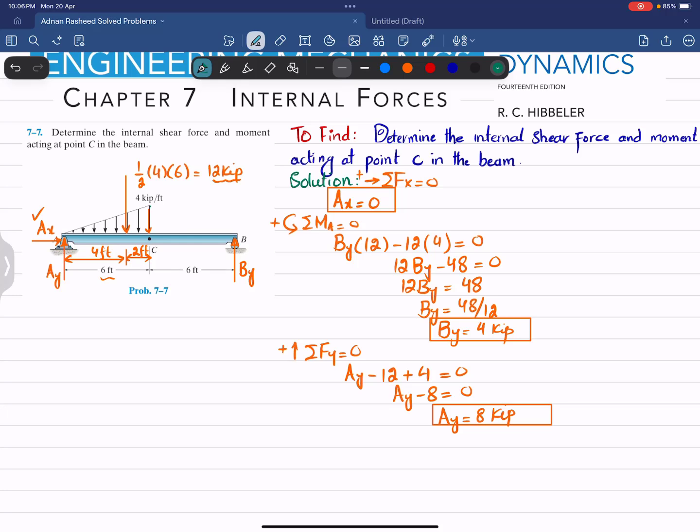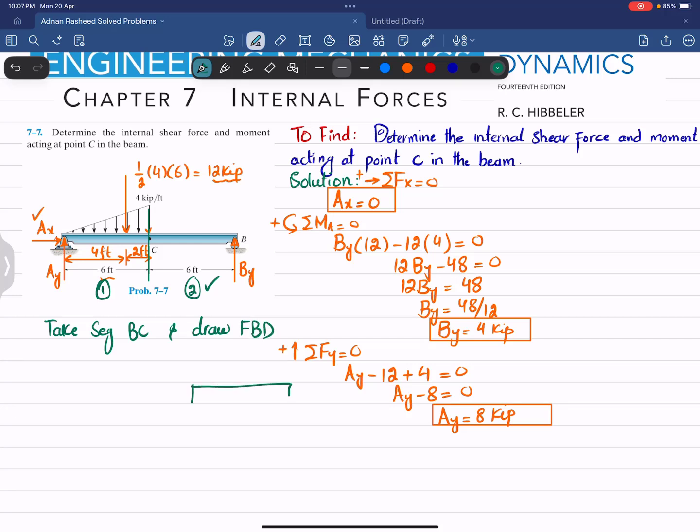For that we will cut this beam at C. You can see you have one section on the left side and another section on the right side. If you take either of these, you can find the internal loading. I will choose the second one because it will be easier to solve. So take segment BC and draw the free body diagram.